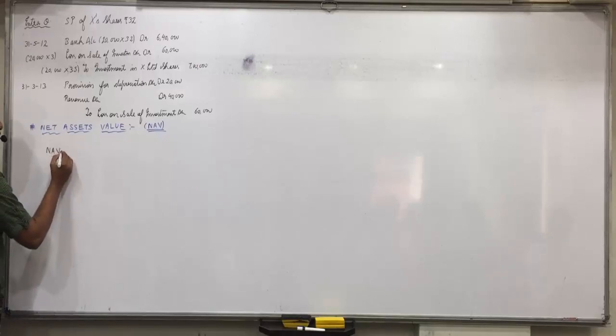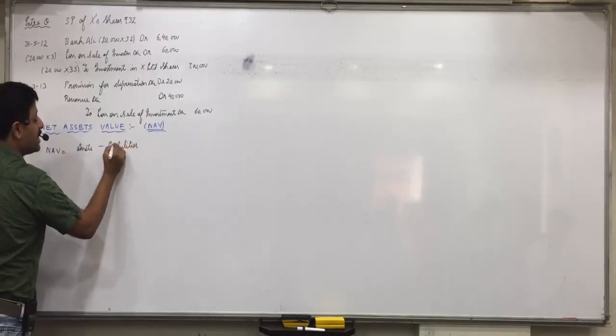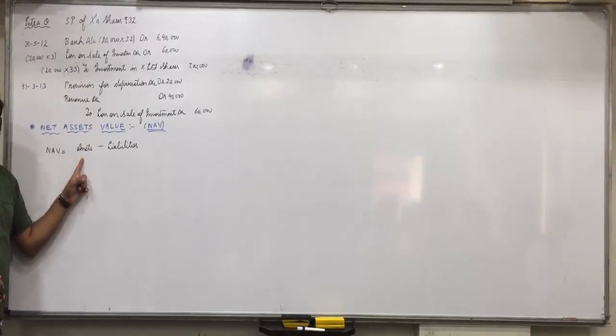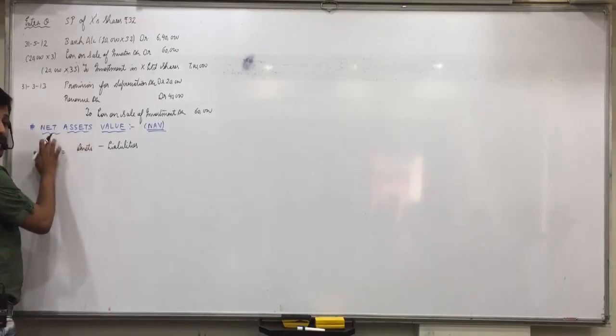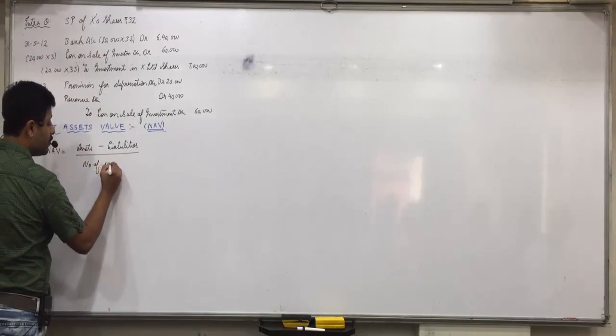So how to find this net asset value? It's very simple. Net assets means assets minus liabilities, and assets will mainly consist of investments. And if they have invested the money in shares, debentures, where interest is outstanding or dividend is outstanding, then that outstanding income will also be included in assets. So assets minus liabilities, these are net assets, divided by number of units.